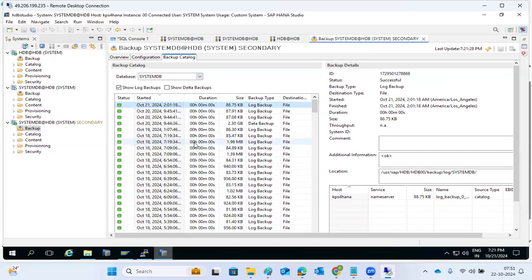If the log backup is not running, then definitely it will fail, meaning it will be 100% full.